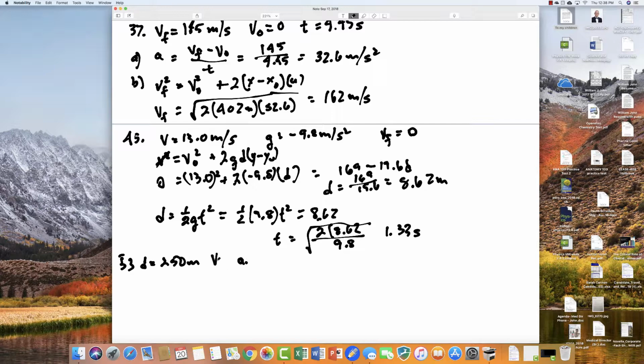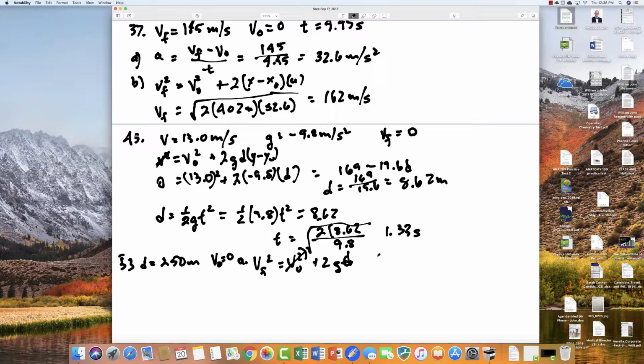Well, it starts out, V0 is 0, and Vf squared is equal to V0 squared plus 2gd. So if we move, this is 0. Let me get rid of that line right there, because that's not right.